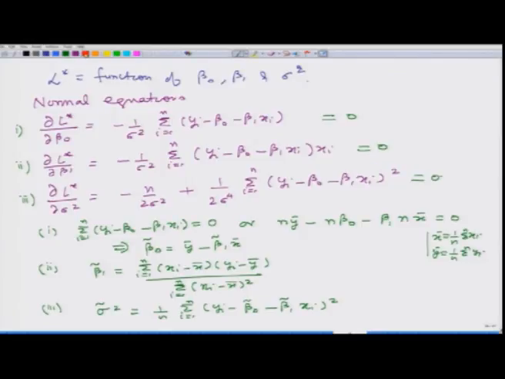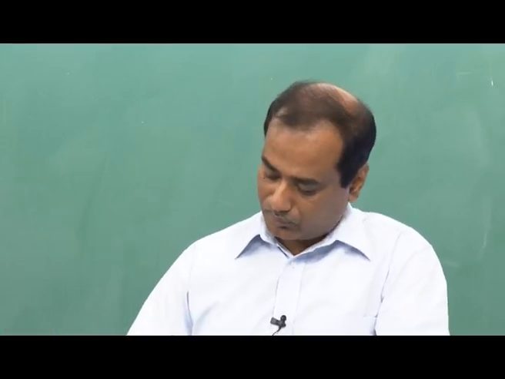One thing which I would like you to observe is that beta 0 tilde and beta 1 tilde are the same as the ordinary least square estimators of beta 0 and beta 1. If you recall, earlier using the principle of least squares, we had obtained the value of beta 0 as beta 0 hat and beta 1 as beta 1 hat, and these two values are the same, right.